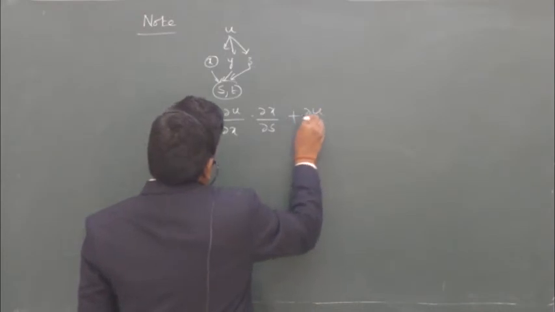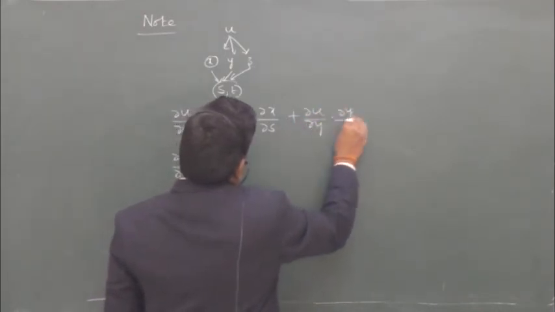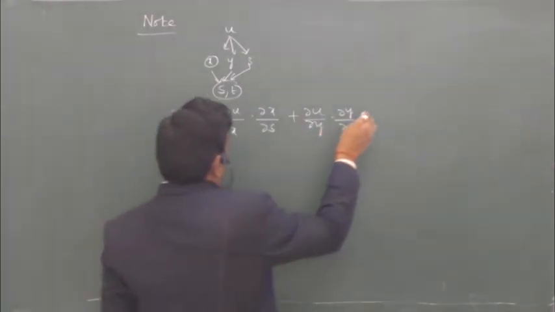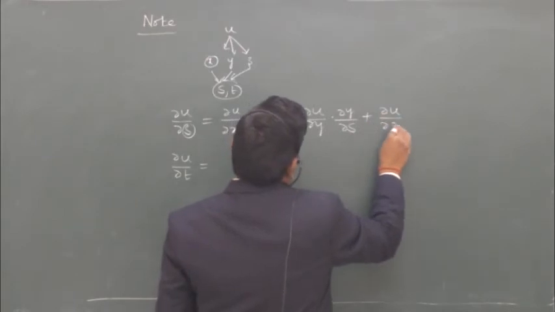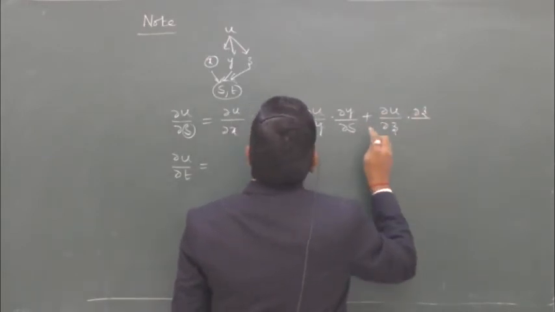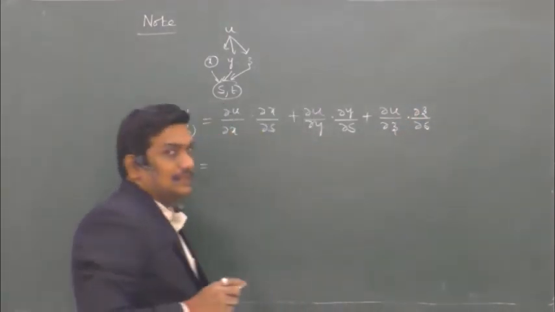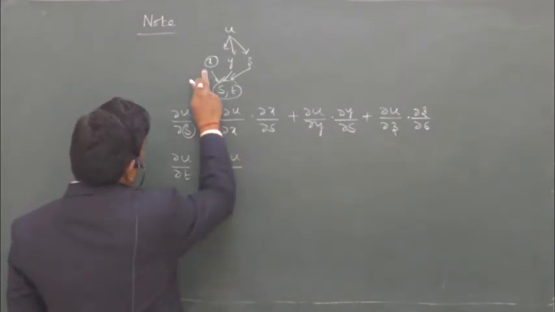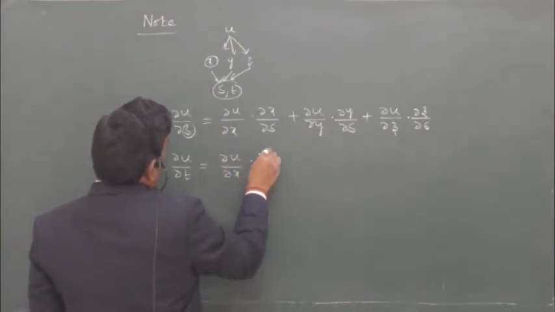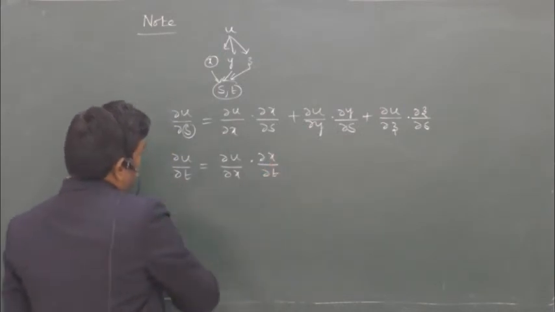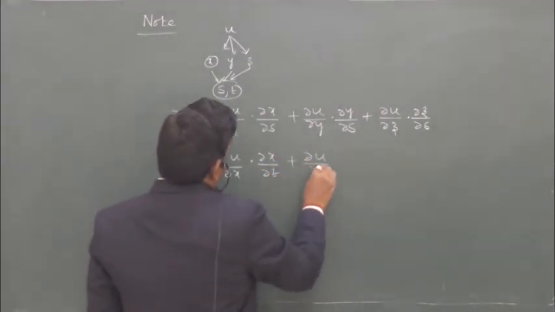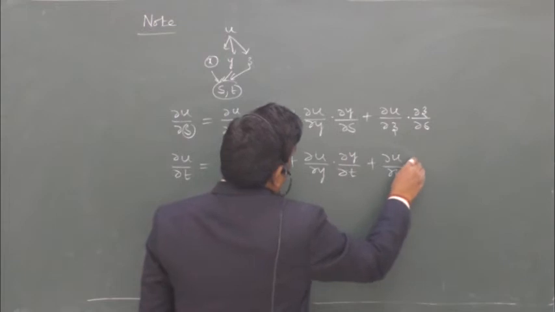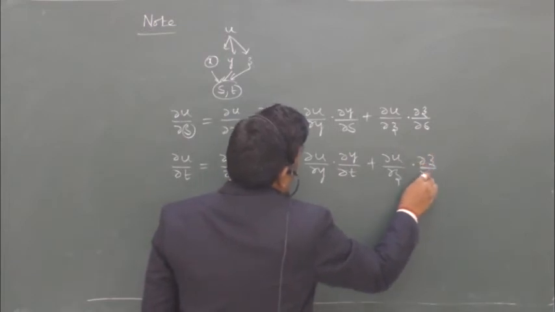Then the derivative of u with respect to the second variable y and the derivative of y with respect to s. Then the derivative of u with respect to the third variable z and the derivative of z with respect to s. Similarly you can write dou u by dou t: u with respect to x and x with respect to t, u with respect to y and y with respect to t, u with respect to z and z with respect to t.